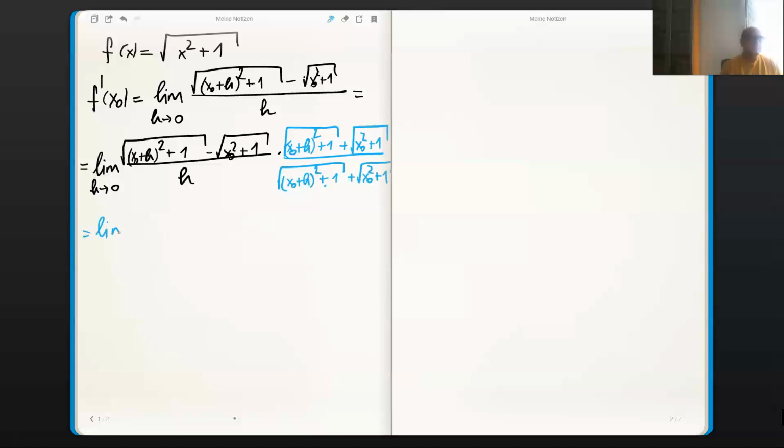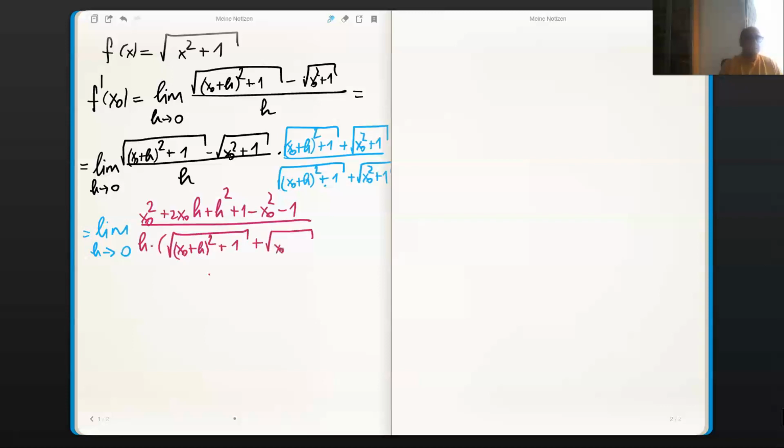Now we have the limit h towards 0 still. So what do we have here? Well, in the numerator, the square roots are gone. So we have xo squared plus 2xo h plus h squared plus 1 minus xo squared minus 1, divided over h times, parenthesis opened, the square root of xo plus h squared plus 1 plus the square root of xo squared plus 1, close it.